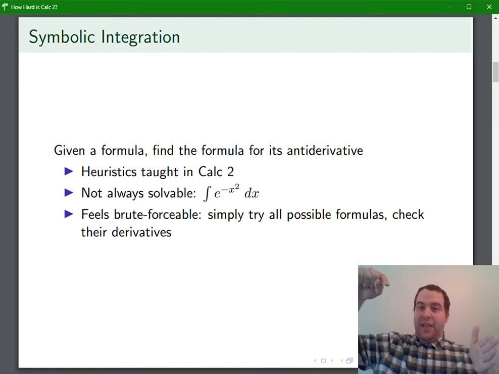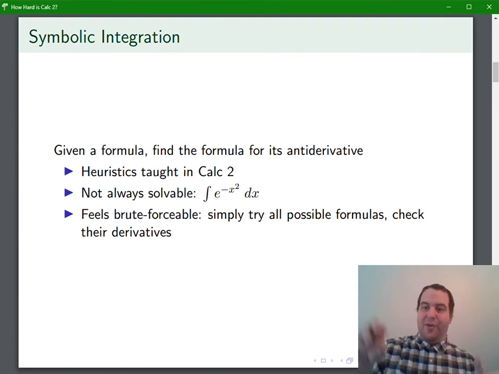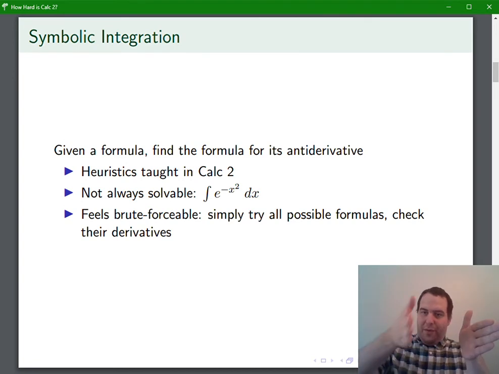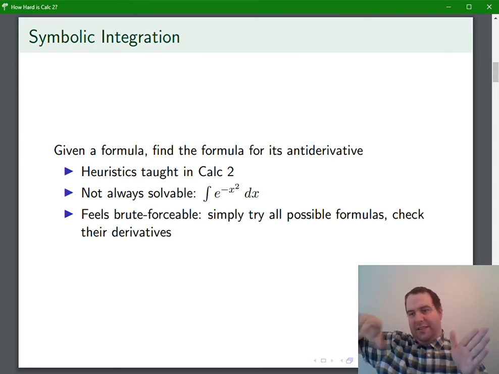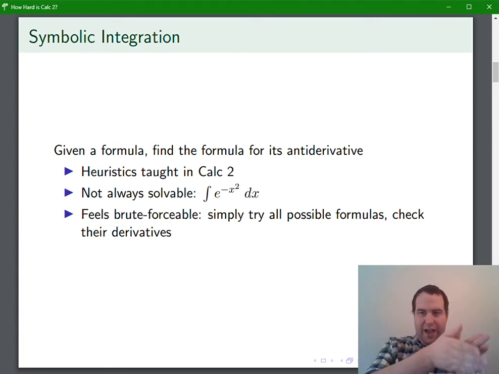The thing that we're trying to find the antiderivative of, I'm going to call that the problem, even though the problem is to find its antiderivative. I'm going to call that formula also the problem. So, you list out all possible formulas. This is an infinite list, countably infinite list. You can do this in some sort of algorithmic way, and you just check one by one.